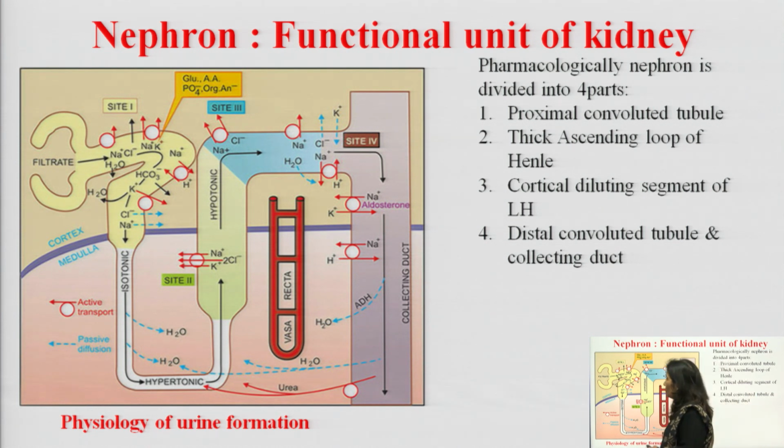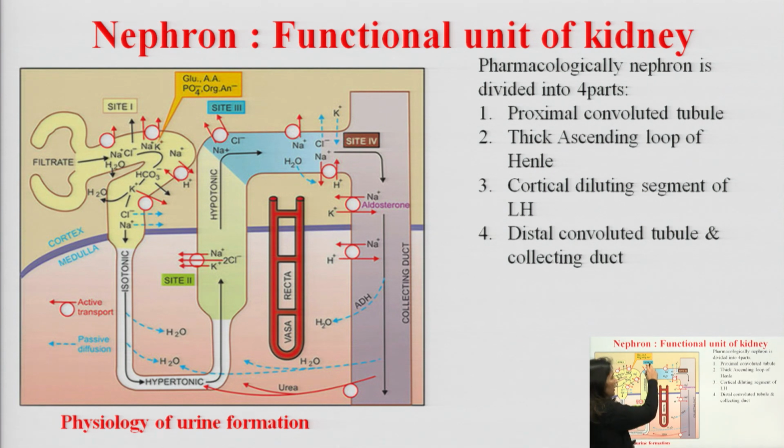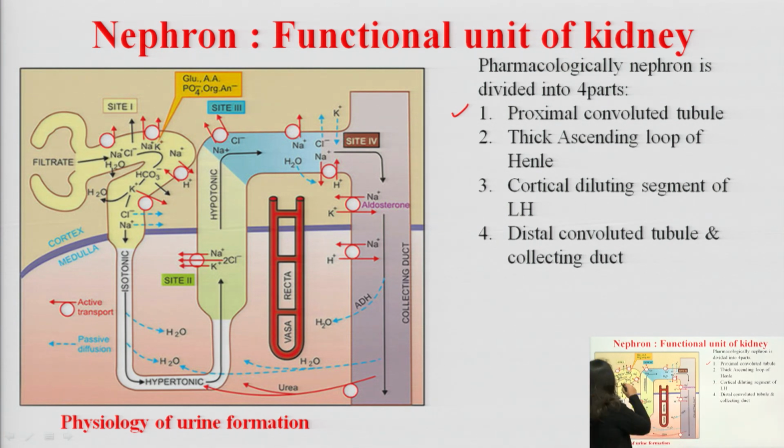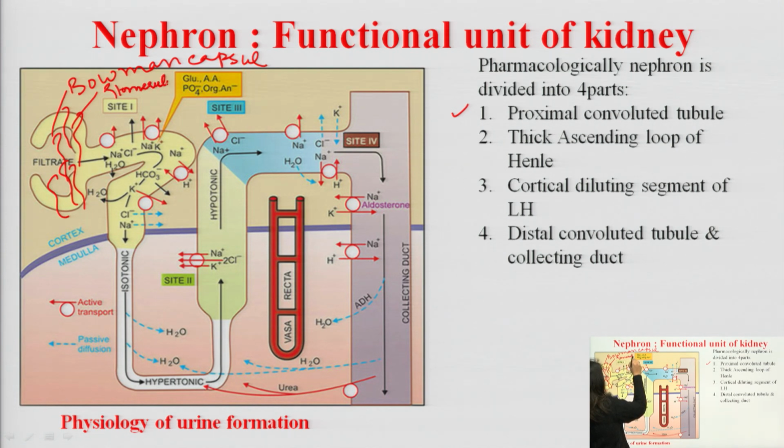As I told you, the nephron is the structural and functional unit of the kidney. It has 5 major parts, but to understand the mechanism of action of drugs pharmacologically, we have divided the nephron into 4 parts. First is the Bowman capsule, enclosed by a network of capillaries called the glomerulus.